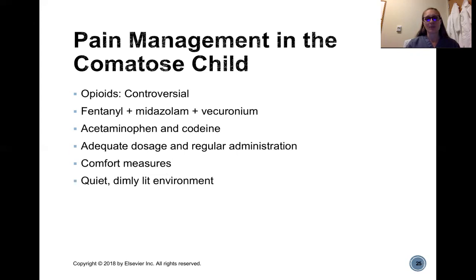It's also going to help keep temperature regulation, and it's going to take care of the majority of pain that's being experienced. We also want to provide comfort measures and, like we talked about earlier, keep the environment quiet and dimly lit.